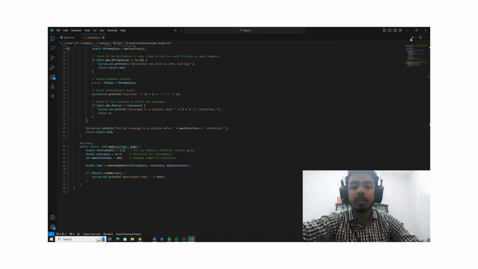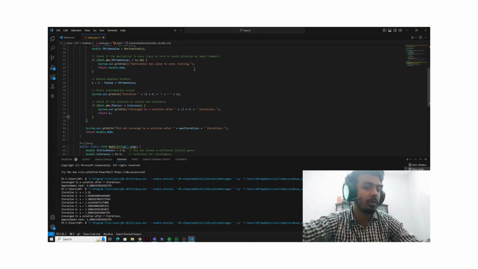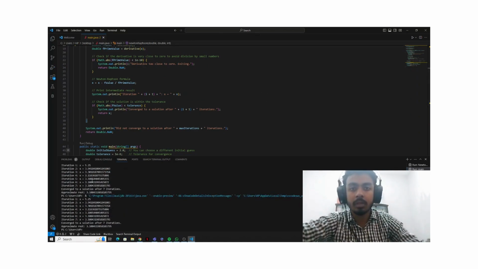As you guys see in the solution we have done, here I am going to run it. I have checked the code before to see if it is running well, and yes, as you can see, it is running perfectly. Iteration 1 has x value 5.5.